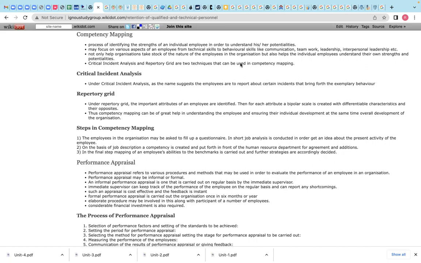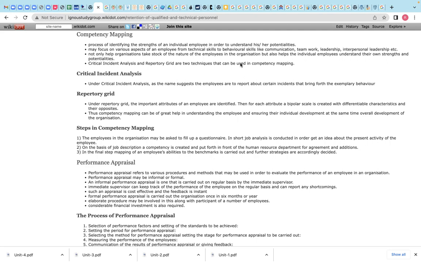So what differentiation they make and what problems they have, their strengths and weaknesses, is brought in as a grid. It helps the employee understand where he needs to develop and where the organization requires him, and all those things.